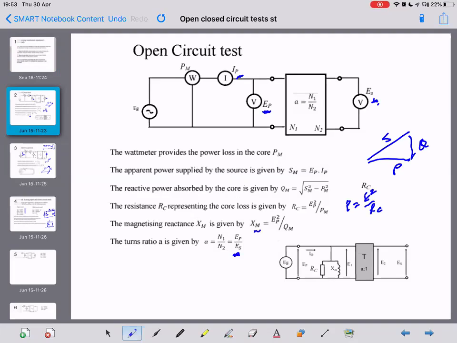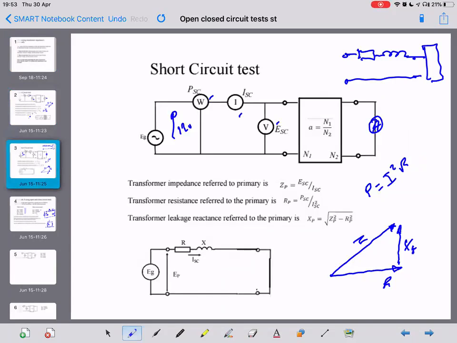And the last piece of information this will give us is the turns ratio of the transformer, by dividing EP by ES to give us A. So that's the information that we get from the open circuit test.